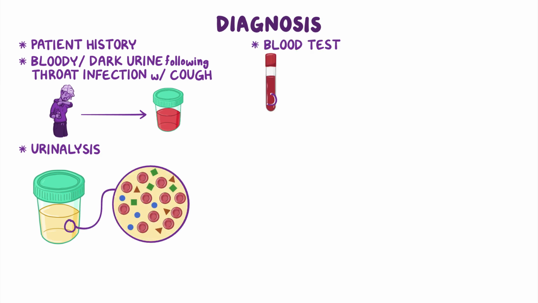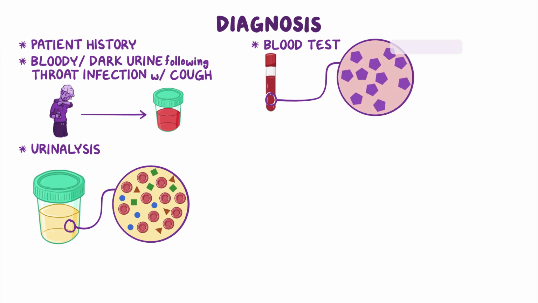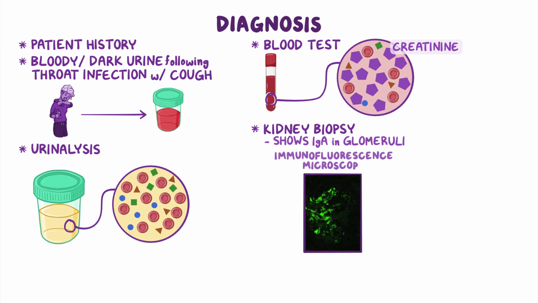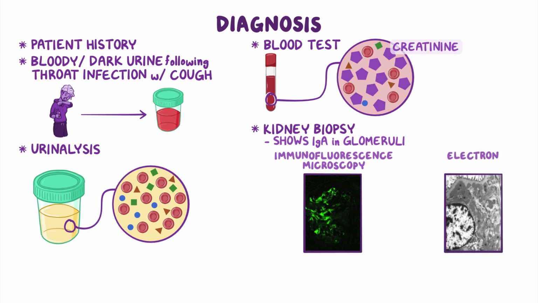Blood tests can detect increased levels of waste products like creatinine and decreased levels of red blood cells and protein. At present, the definitive diagnosis requires a kidney biopsy that shows IgA in the glomeruli that can be seen with the help of immunofluorescence microscopy. Material consistent with immune complexes in these areas may be seen on electron microscopy.